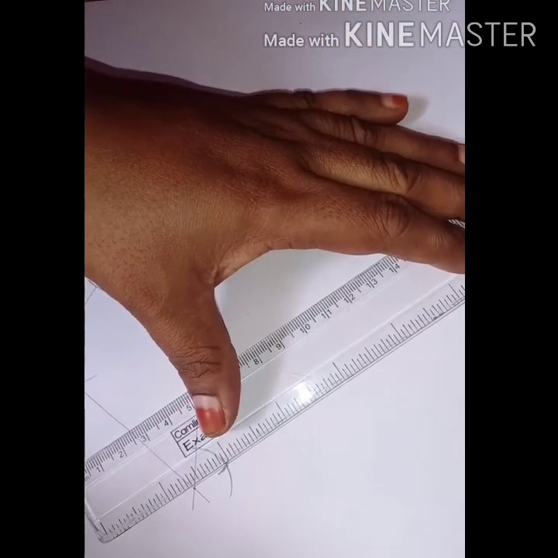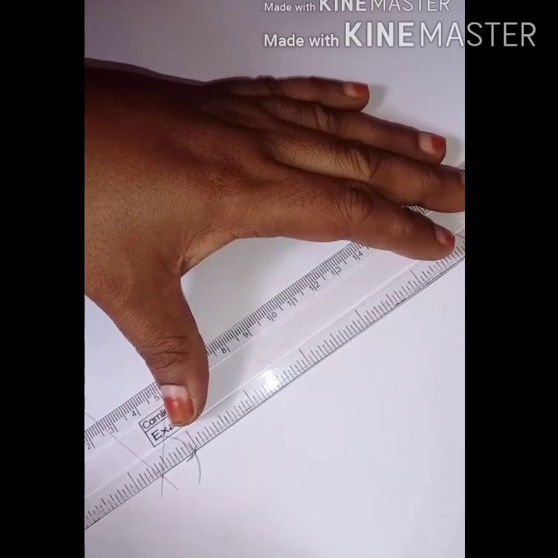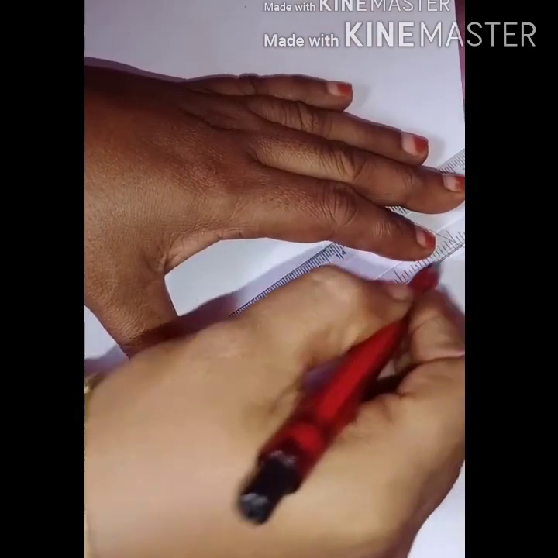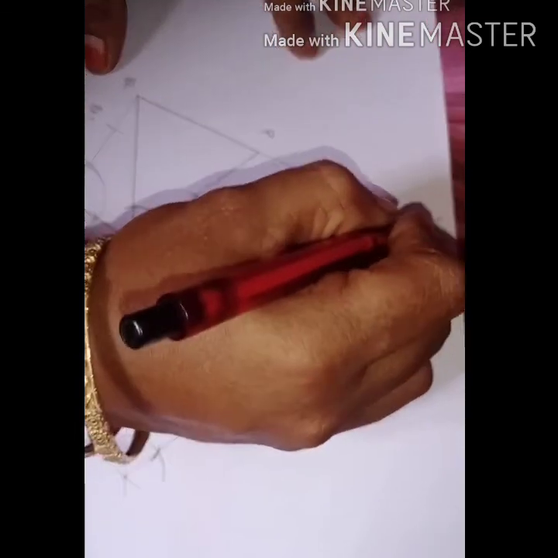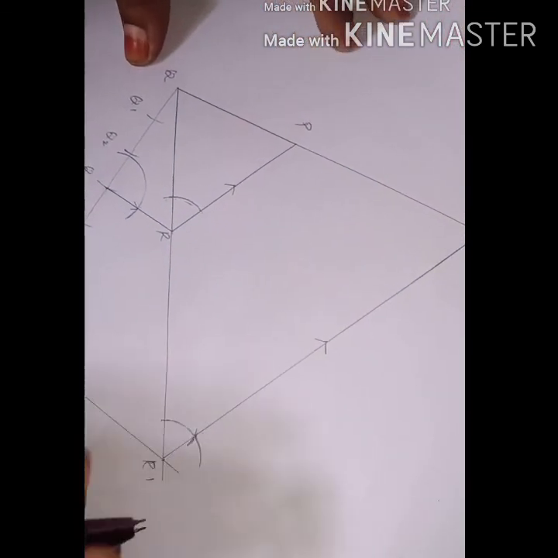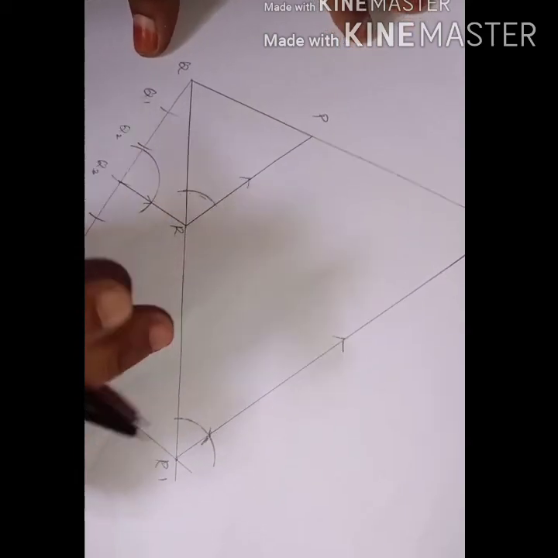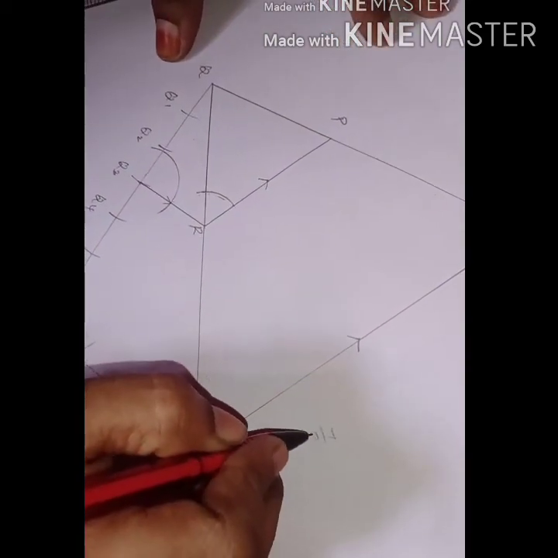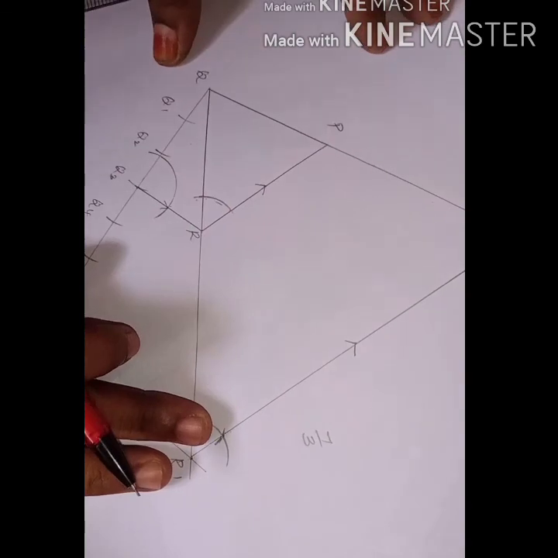That is our required parallel line. So this is P dash, this is the parallel line, this is R dash. This is our required 7 by 3 similar triangle.